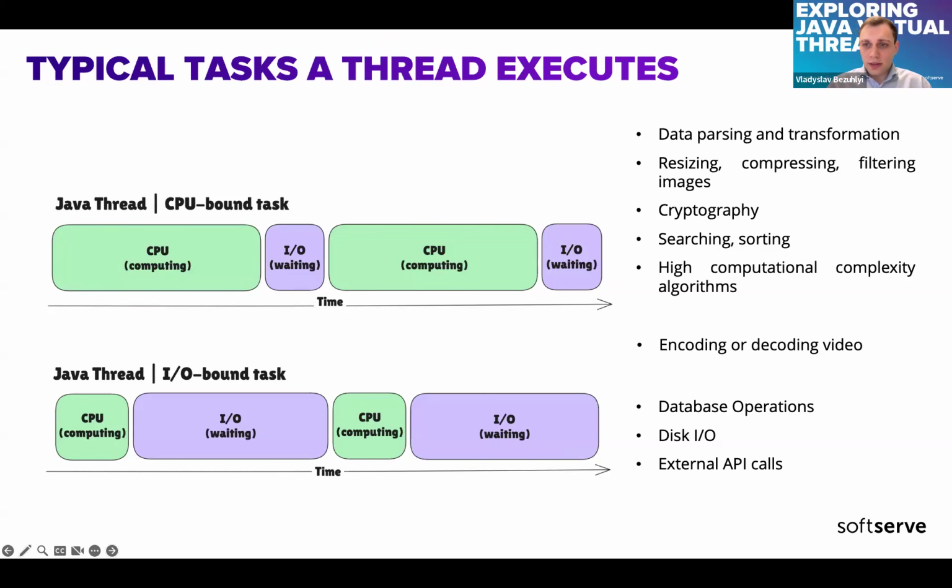Since the CPU is much faster than input-output buses, we have to wait a long time for a bus or device or network resource to be available for reading or writing. These kinds of tasks can be handled well in an asynchronous way. The examples of such tasks you can see in this list below. And if a task does a lot of operations using the CPU, it's called a CPU-bound task.